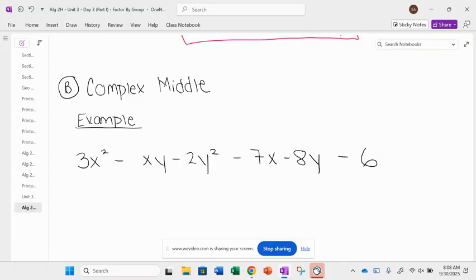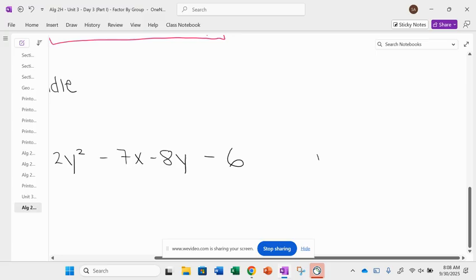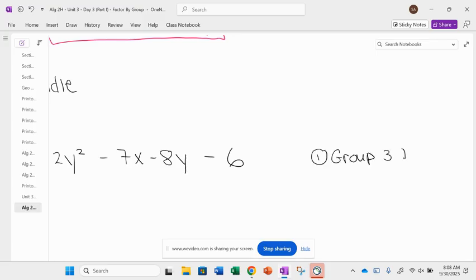When you have a complex middle, what you want to do first is group 3 terms together that you can factor. Any 3 terms that can be factored. So I can write out the steps. Group 3 terms that can be factored.